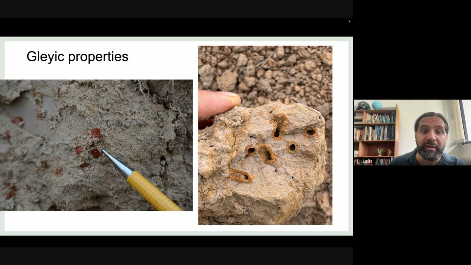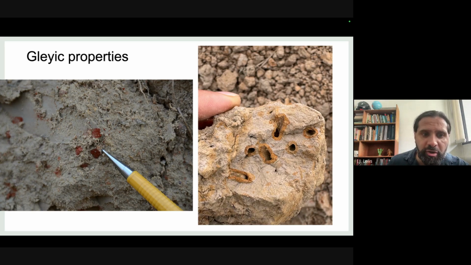And because of the water table fluctuation during the wet and dry seasons, you can register some oxic features, some oxic concentrations like iron, especially iron concentrations, but we also can see sometimes manganese concentrations. So you can see some red, yellow, and black or dark dots, okay?